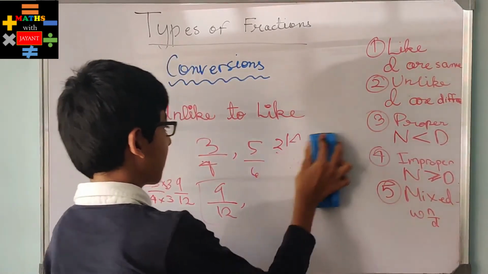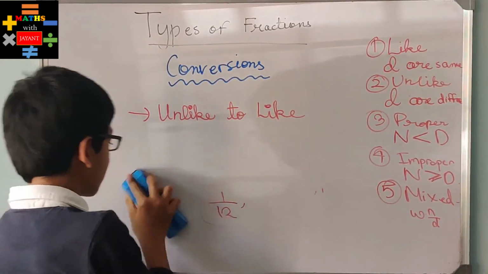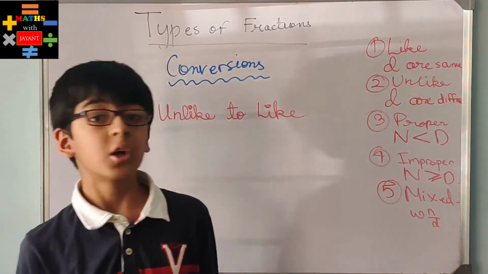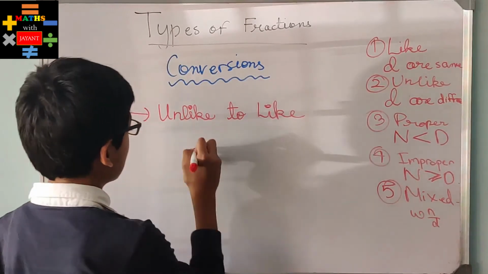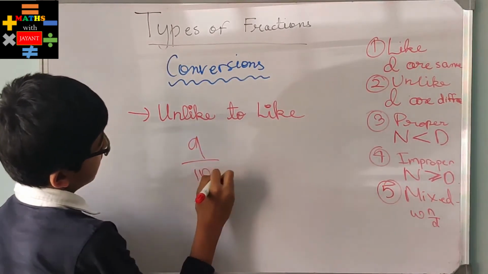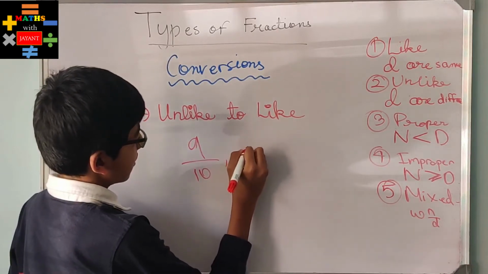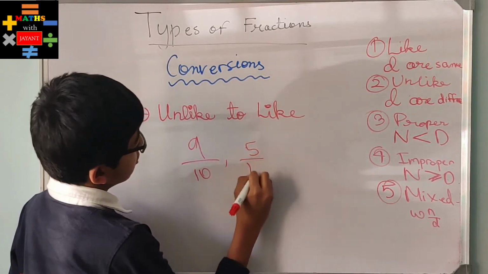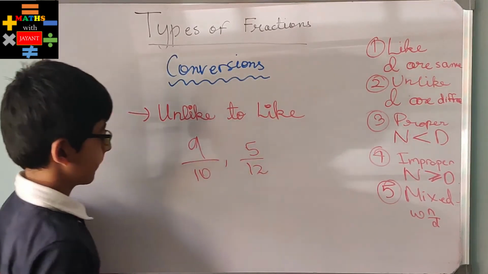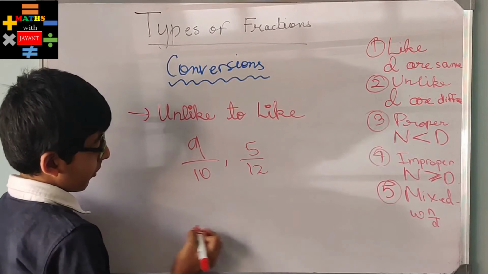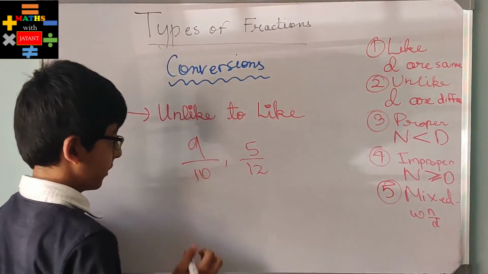Let us take another example to make this conversion more clear. So let us take two fractions. Let's say 9 by 10 and let's take 5 by 12. So let us see. 9 by 10 and 5 by 12, they both need to have a common denominator.